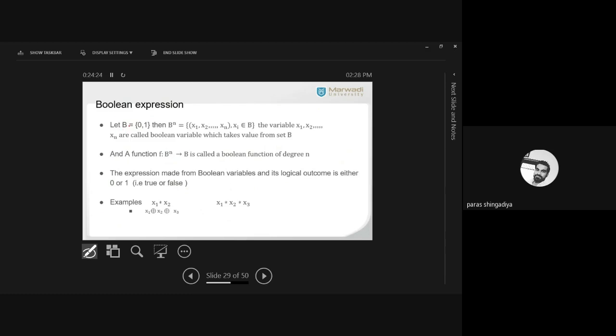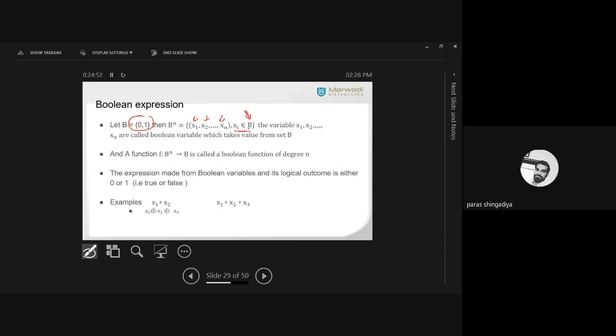Okay, let us consider a set which includes the binary values 0 and 1. B is equal to {0, 1}, and then B raised to n is defined as the n-tuple (x1, x2, up to xn), where all the xi's belong to B. This means each of x1, x2 up to xn is either 0 or 1, because our domain is B only, and B includes 0 and 1.